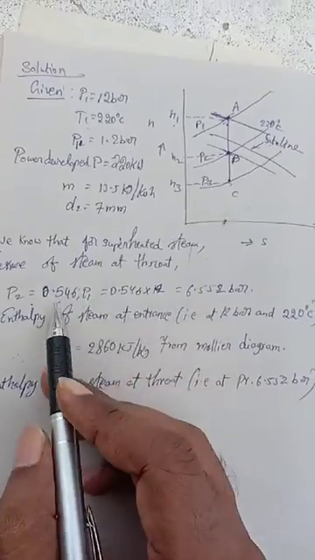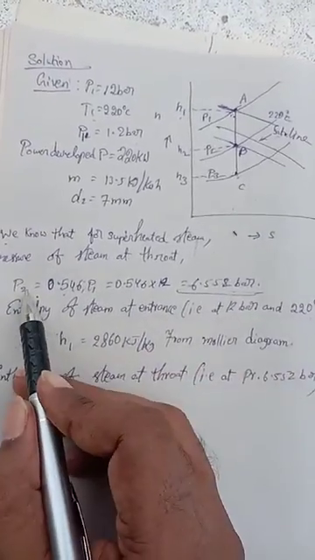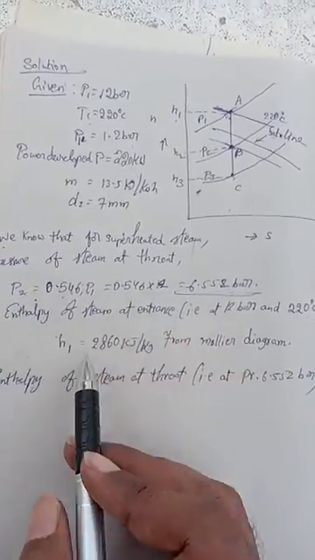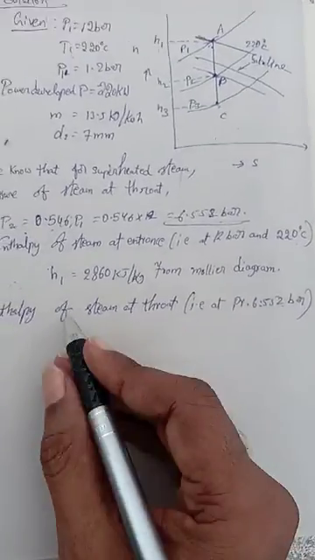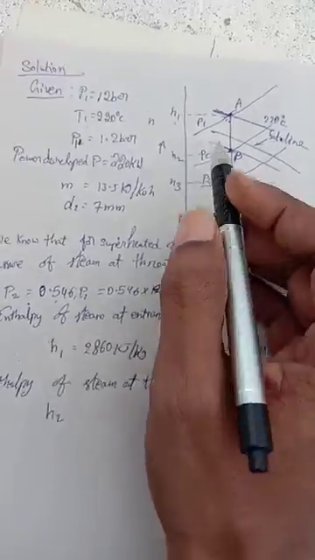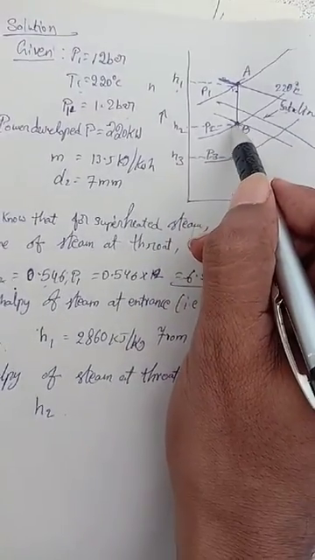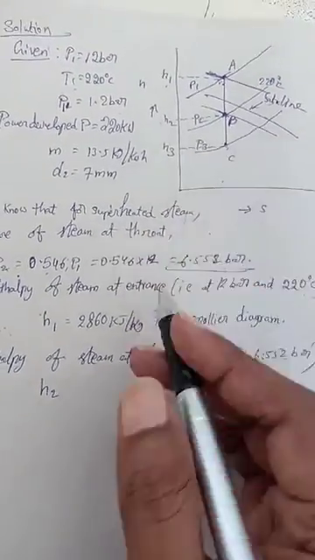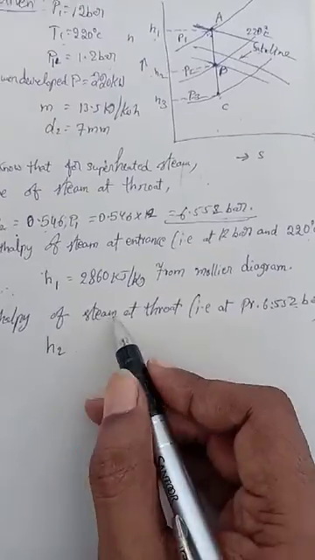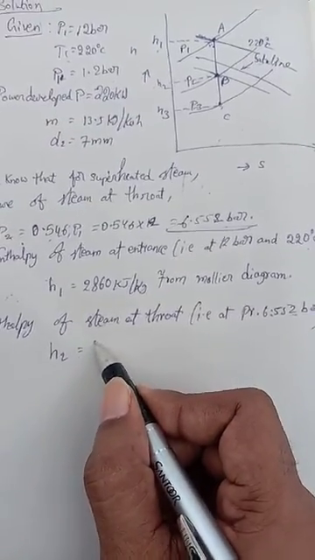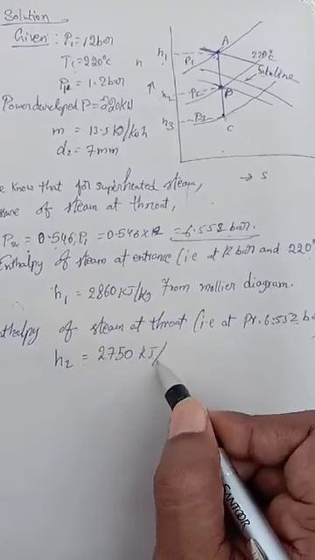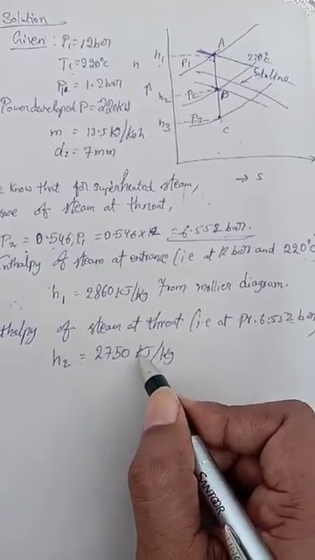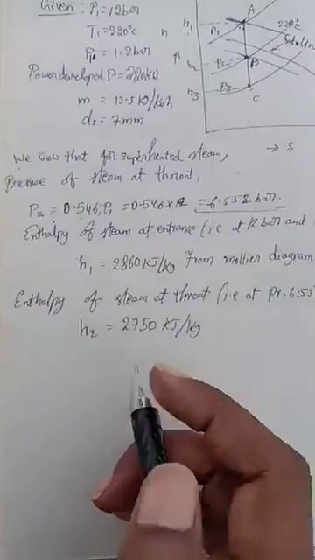Here we find the value for the throat. The pressure is acting like this, so we go to H2. This is the throat. The enthalpy H2 at the throat is equal to 2750 kilojoules per kg.